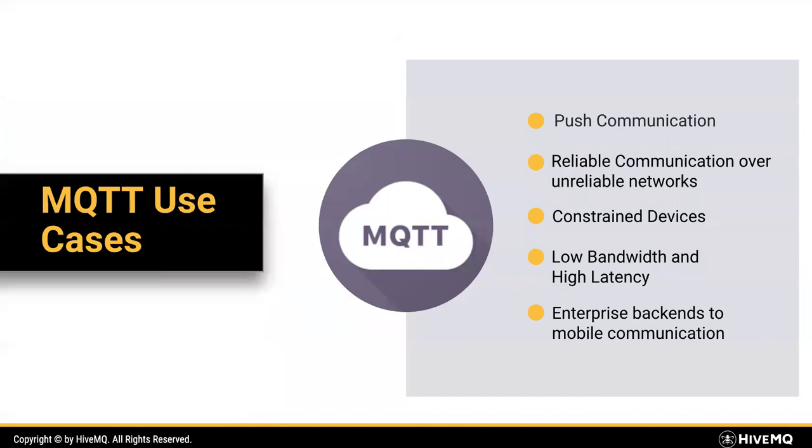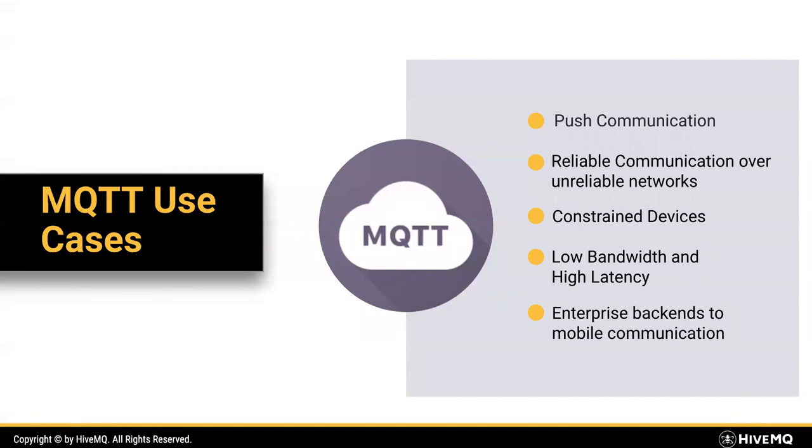So, typical use cases where MQTT is used. From a technical perspective, it's very often when push communication is required. This means data needs to be moved in a very quick and efficient way to, let's say, mobile devices, Internet of Things devices, and applications. And MQTT really provides a reliable communication layer over unreliable networks.